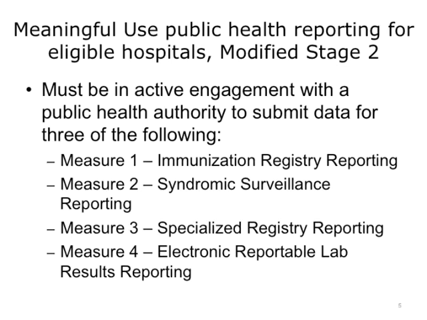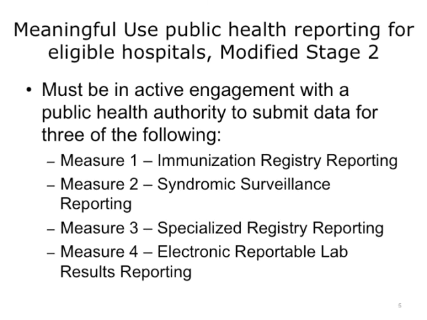For 2016 and 2017, eligible hospitals attesting to meaningful use must meet the modified Stage 2 objective for public health. There are 4 measures, and the eligible hospital must meet 3 of them. The measures are Measure 1, Immunization Registry Reporting; Measure 2, Syndromic Surveillance Reporting; Measure 3, Specialized Registry Reporting; and Measure 4, Electronic Reportable Lab Results Reporting.